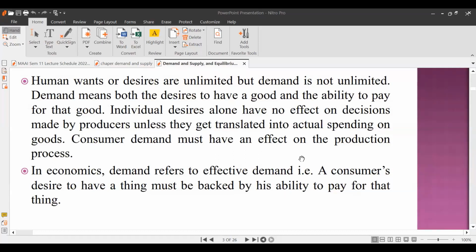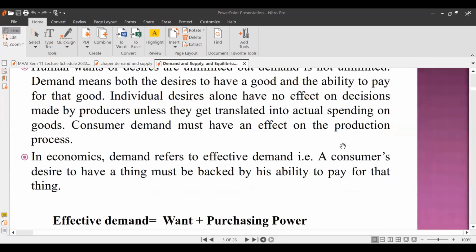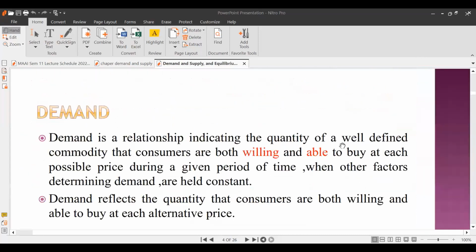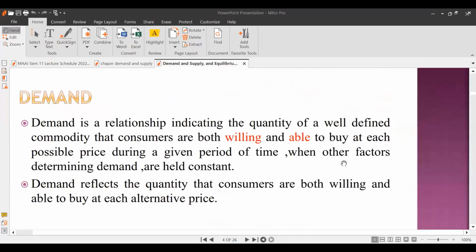desire together with purchasing power. Right? Purchasing power. So the consumer's desire to have a thing must be backed by the ability to pay, identified as the effective demand. Right? Effective demand. So demand is a relationship that indicates willingness and ability. Right?